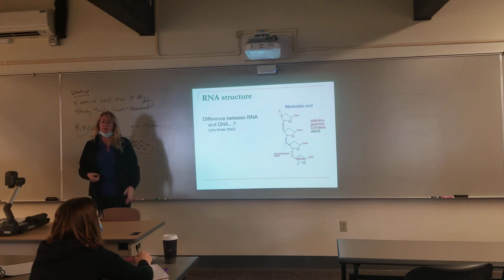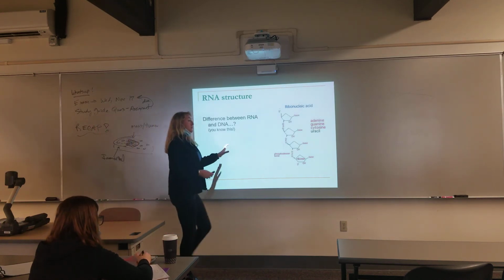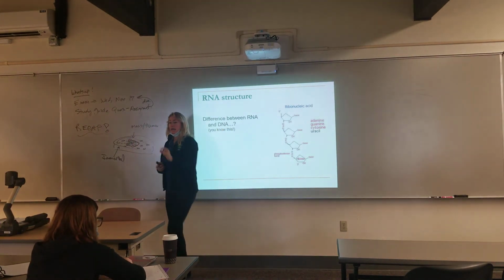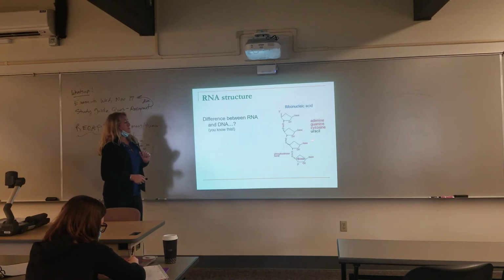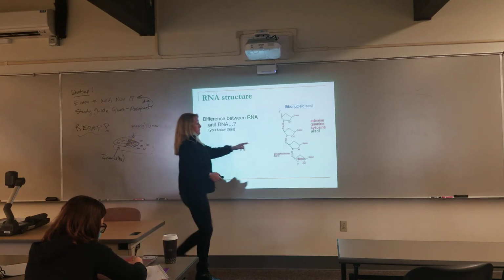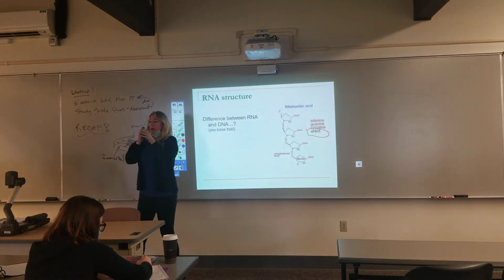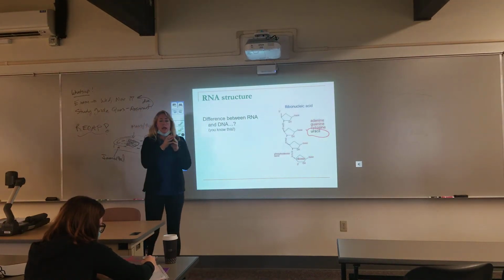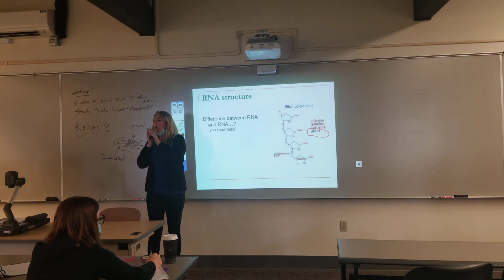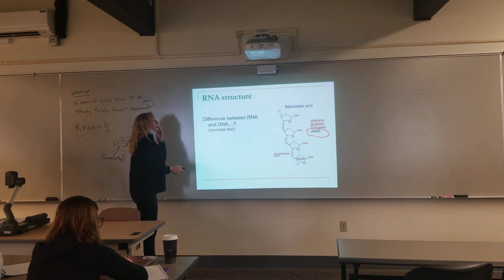Okay, good. I would like you to be able to do that. You should be able to know the differences between DNA and RNA. And in terms of the bases, if you ever see the nitrogenous base uracil, one of the four, there's a U, you know right away which nucleic acid you're looking at, DNA or RNA. RNA, you know that, right? So you know that right away.